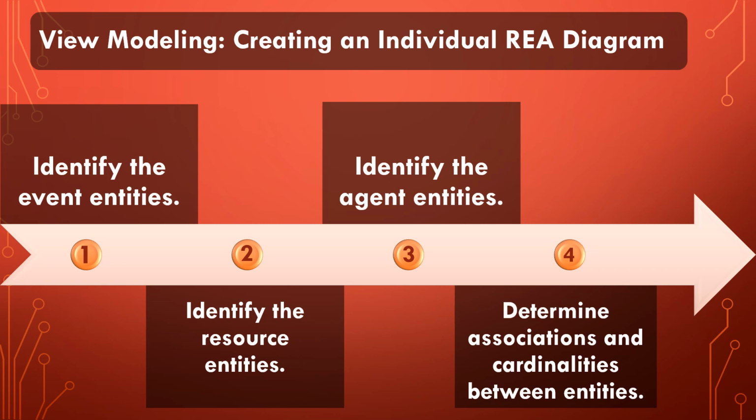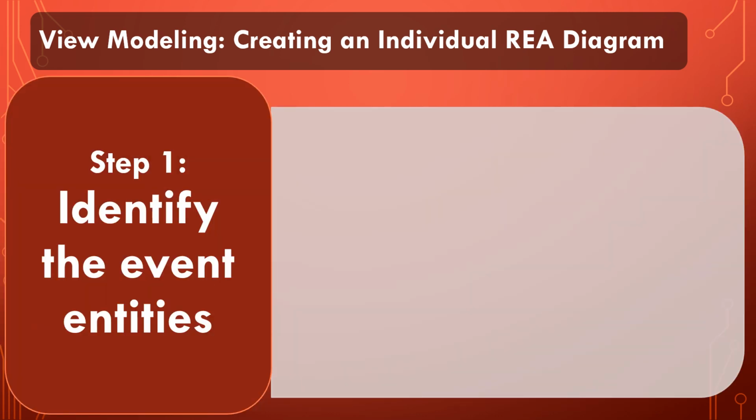We need to know the relationship. Not only that, we also need to know the cardinality of that relation, meaning we need to know the rules of that association. Let's take a profound look at the steps.